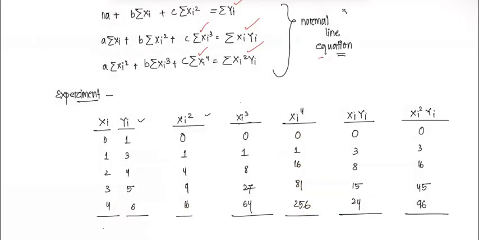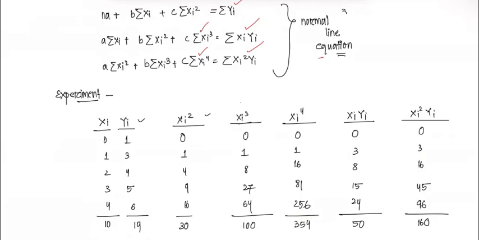Now summing, you are getting 10 here, 19 here, 30 here, 100 here, 354, 50, 160. Now put all those values in the equations.